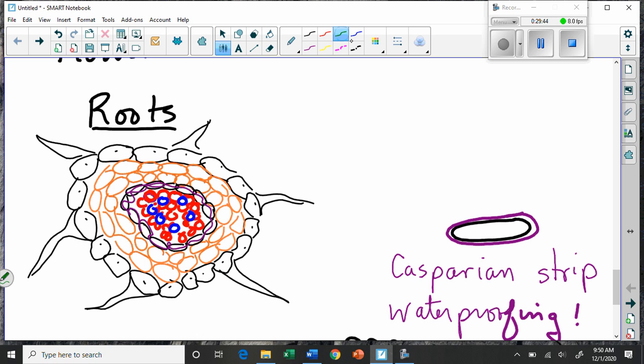All right, back to green. So we have the epidermis, which is a kind of dermal tissue. Then we have the region inside, which is called the cortex. So that's the brownish layer.